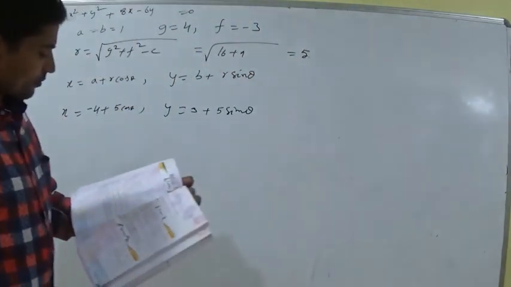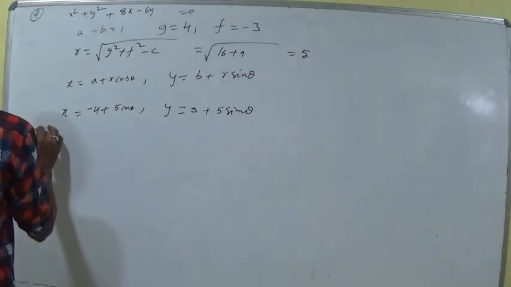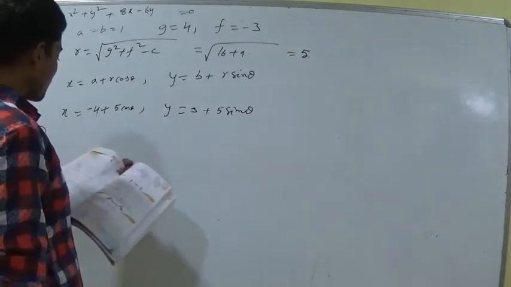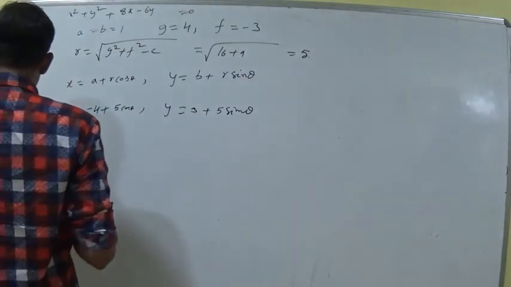Next, the length of the tangent, fifth one. The length of the tangent is square root of S11.